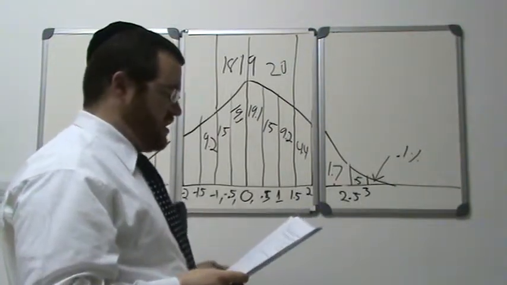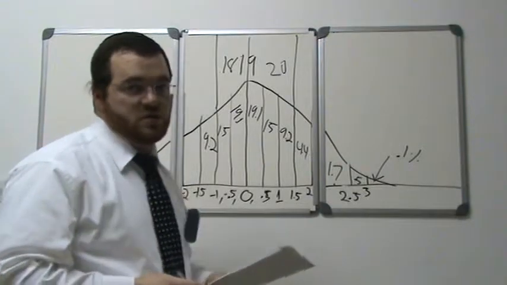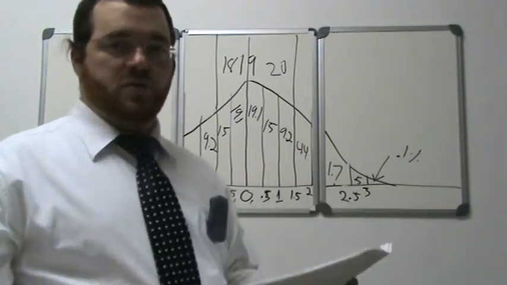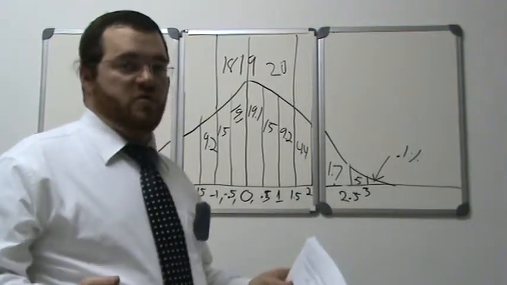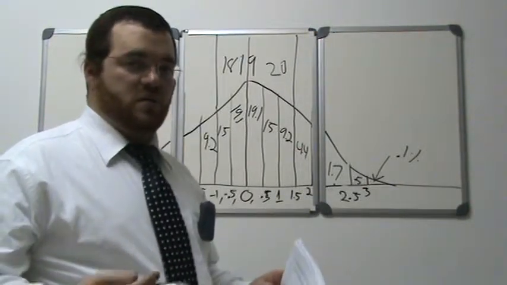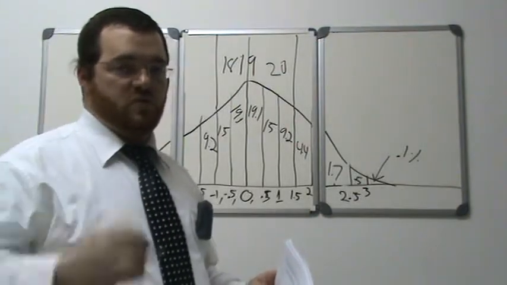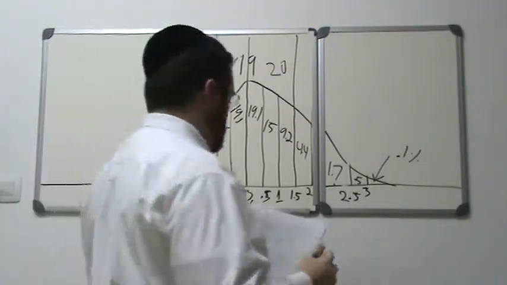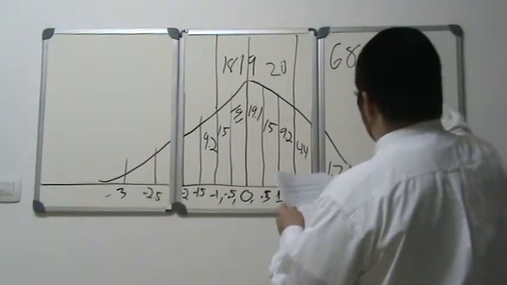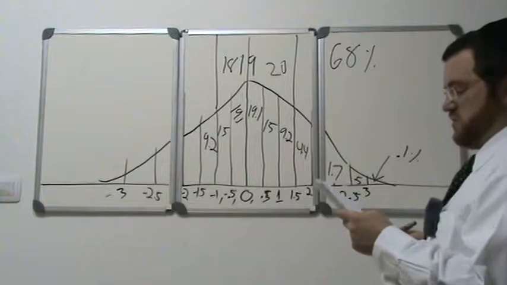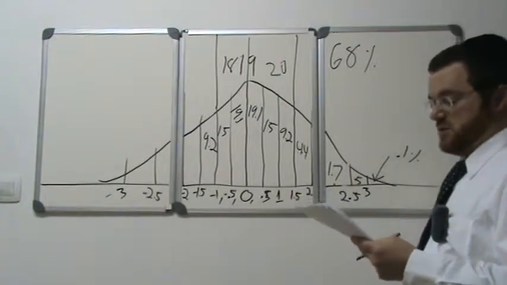And the question is, to the nearest integer. An integer is a whole number, as you learned in Algebra 1. If you have 68.2, to the nearest whole number, since it's 0.2, 4 and down you round down, so it's 68. The answer is 68% of the students are within one standard deviation.